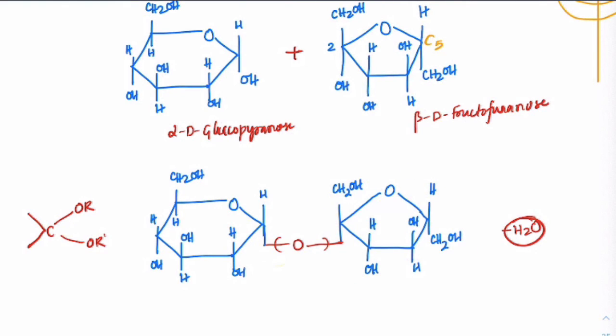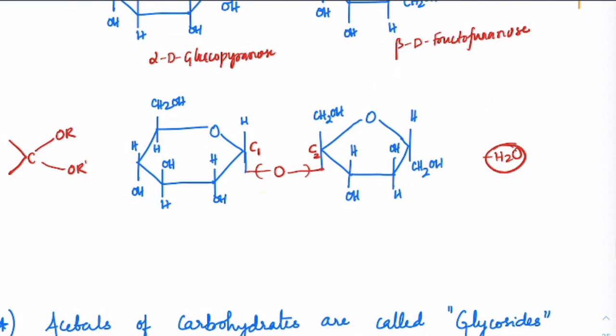Everybody got that? So what connection have we made between carbon 1 of glucose and carbon 2 of fructose? After the connection, if both these carbons have become acetal forms, we call this a glycosidic linkage.